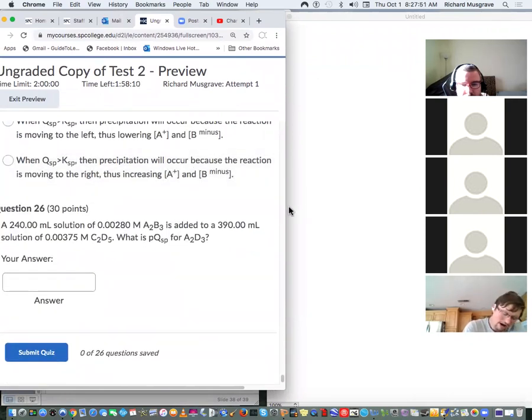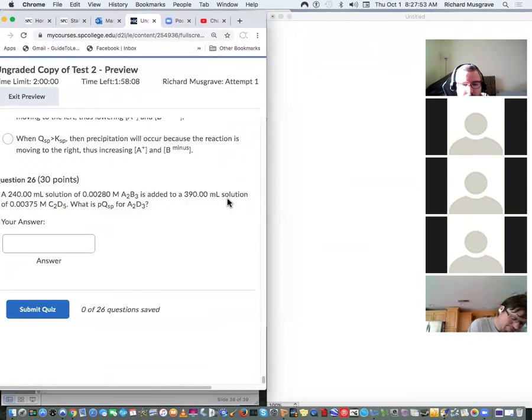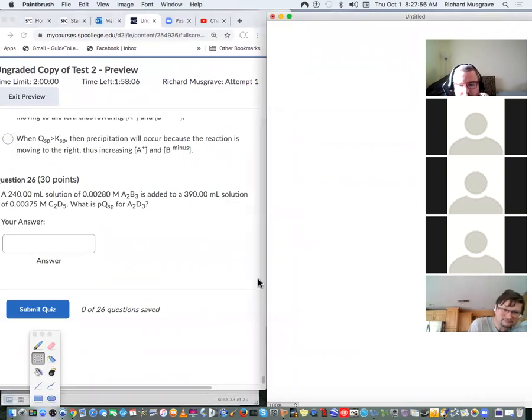Okay, there it is. So let's look at what we want first. Well, we're investigating the Qsp. In this case, it's A2D3.